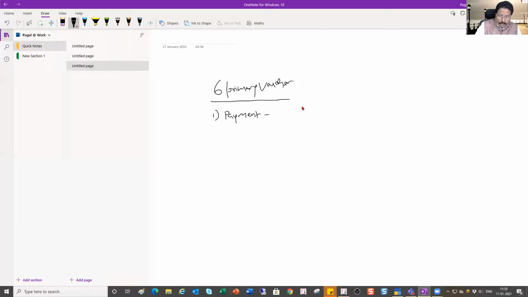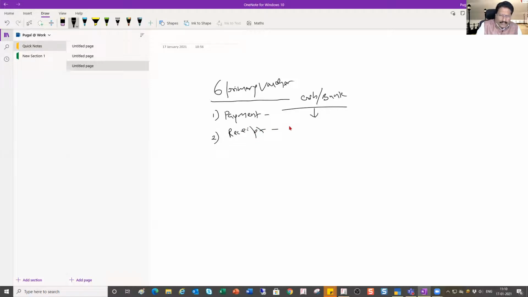So whenever there is a decrease in your cash or bank amounts, you use your payment voucher. Number two is the receipt voucher.